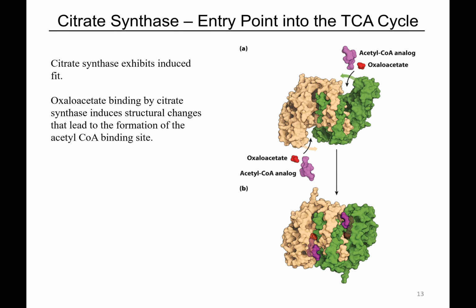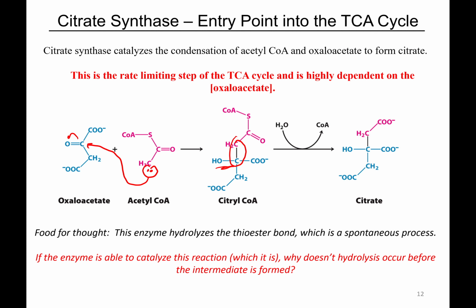And that's exactly what happens. Oxaloacetate binds first. That causes a structural change, which shifts this, like you can see the motion here. This swivels over, that closes the gate. Acetyl-CoA can then bind. When we make our citryl-CoA, that induces even another structural change, which then allows water back in. So the water can't get close to the active site until we make our citryl-CoA intermediate that we see here.